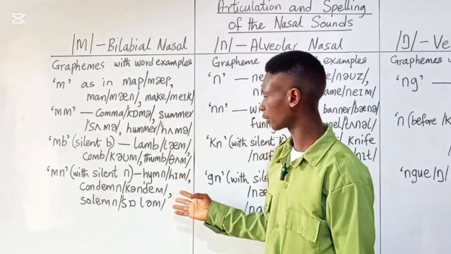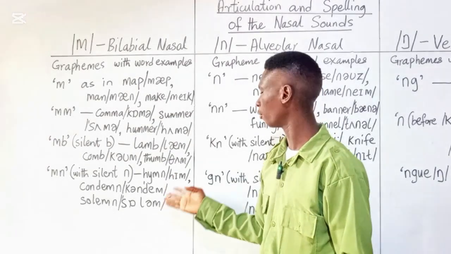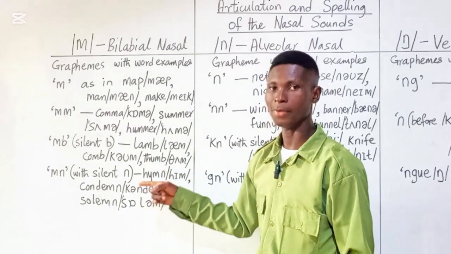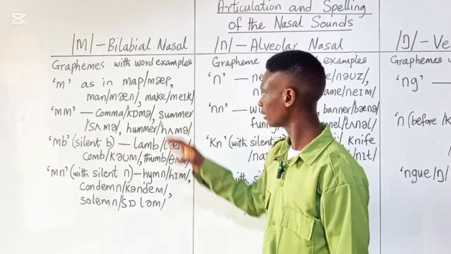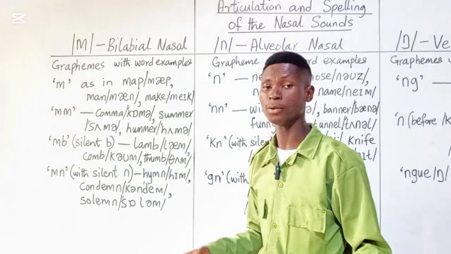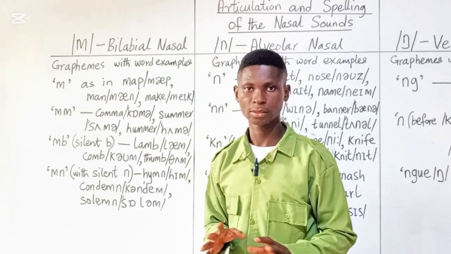So in these words, the final sound there is /m/ and the grapheme representing that sound is MN. So take note of this letter combination. Take proper cognizance of it in words so that when you're reading, you're able to articulate the words or the sounds properly.